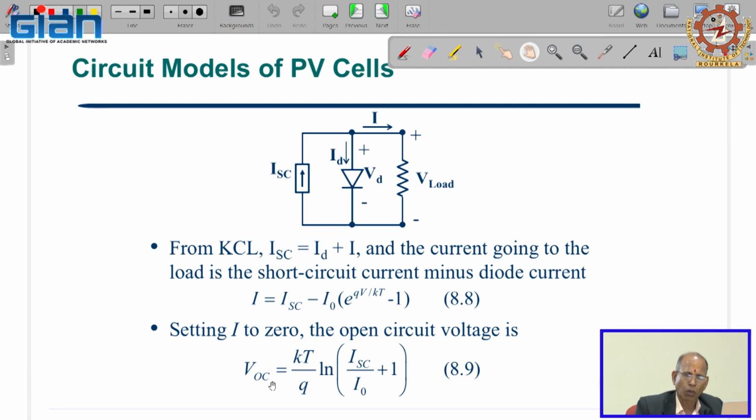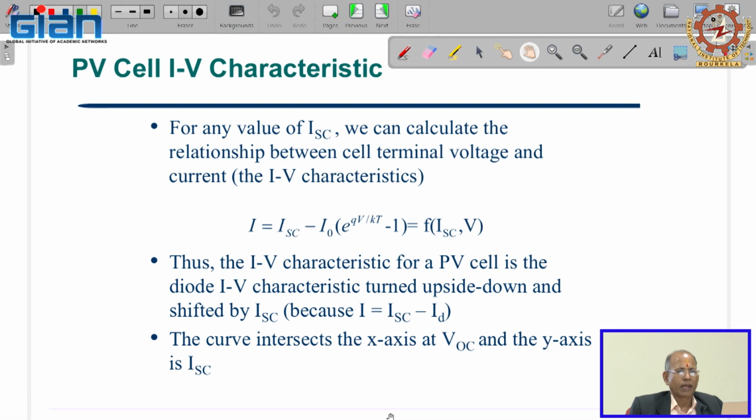So you can calculate the open circuit voltage. And then for any value of ISC, insolation level, we can calculate the relationship between the cell terminal voltage and current, what we call the IV characteristics. The IV characteristic of the cell or PV system is very important.